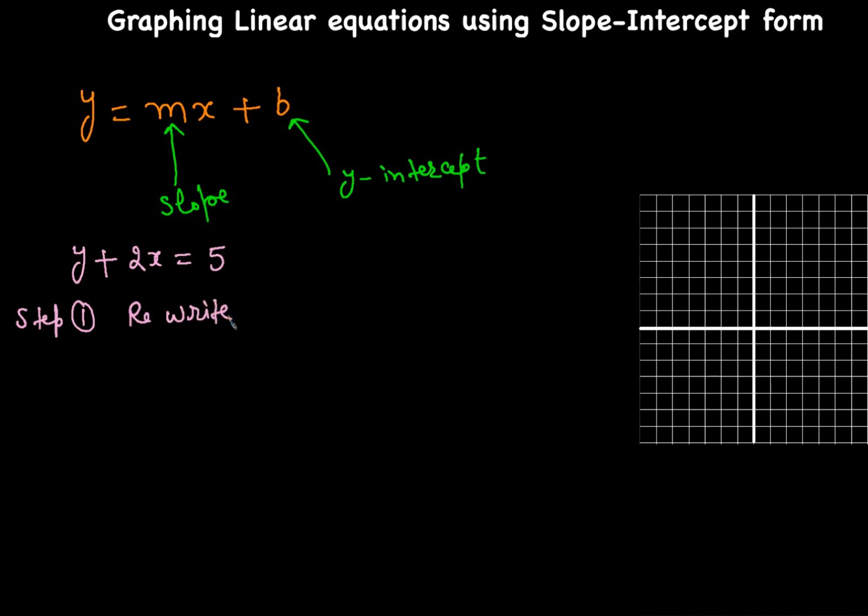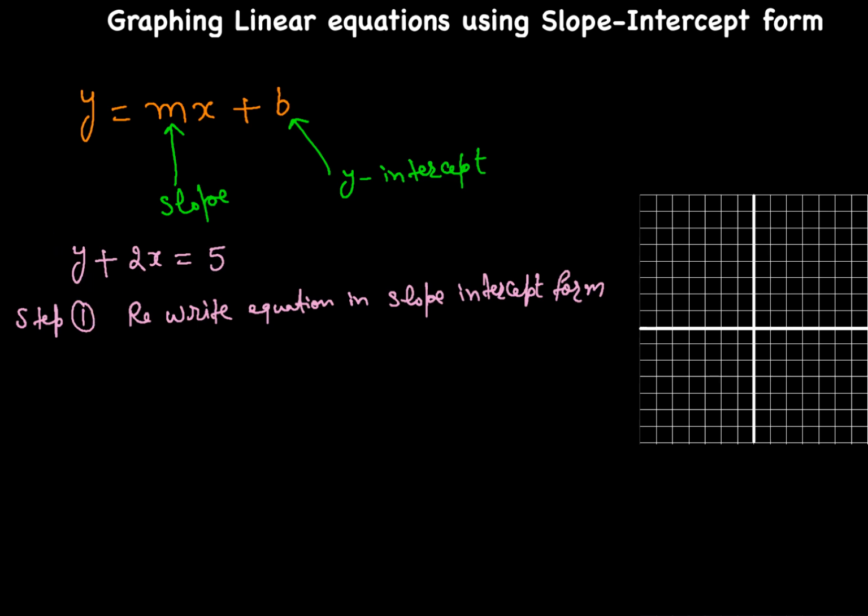We're gonna rewrite this equation in slope intercept form. Maybe they give you in slope intercept form. If not, then we need to rewrite it in that form. Okay. So let's do it.